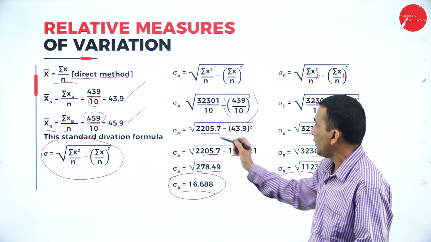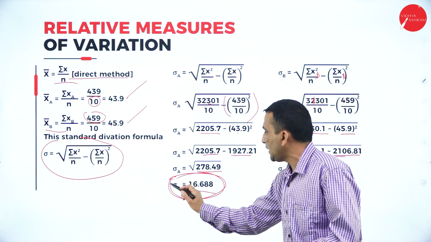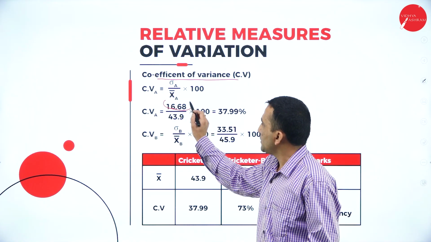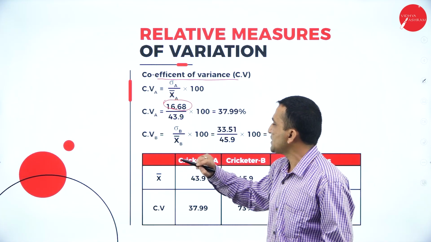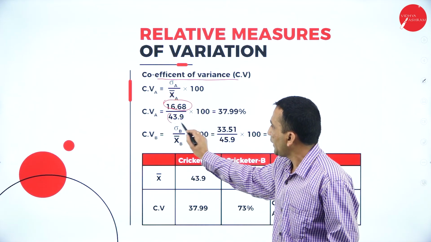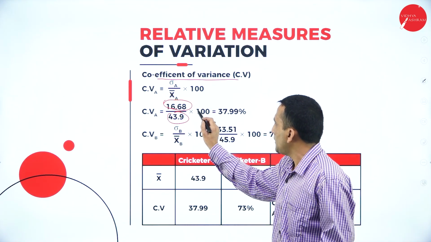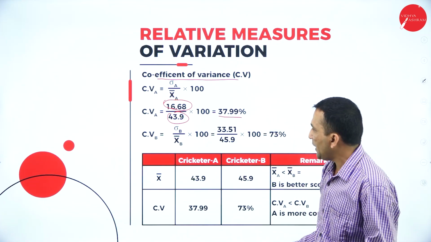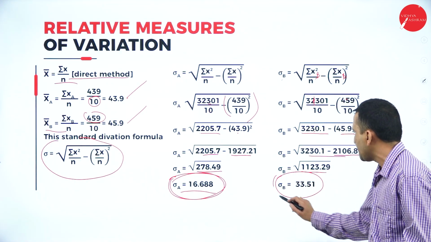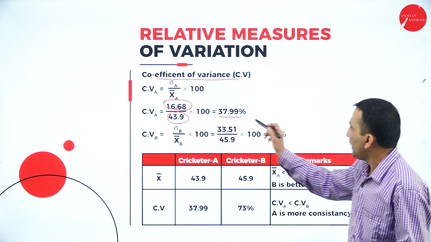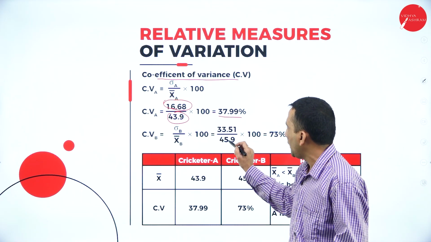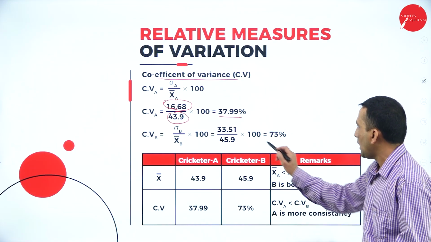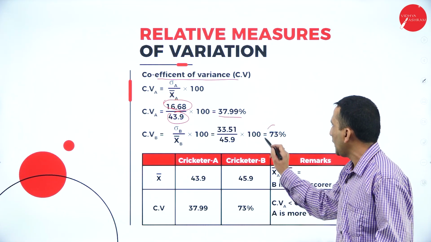The coefficient of variation is the standard deviation divided by x bar, into 100. For cricketer A, the standard deviation is 16.68 divided by x bar 43.9, which gives 37.99. Again for cricketer B the same thing: the standard deviation is 33.51 divided by x bar 45.9, and if you simplify, we get 73%.